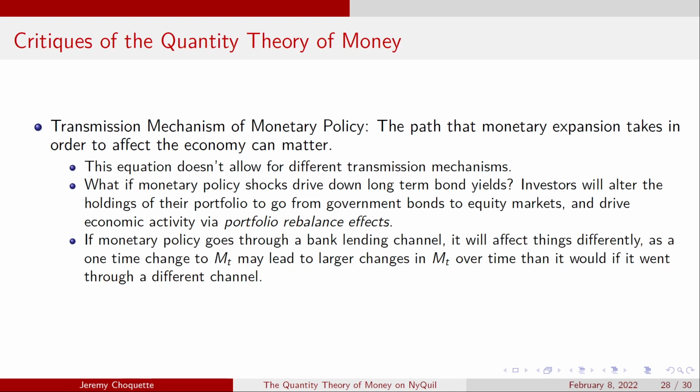If monetary policy goes through, say, a bank lending channel, this one is actually much easier to think about, because with expansionary monetary policy, the money base increases, and banks can lend out more because they've got excess reserves. The way that would happen is firms can essentially invest more in their growth.